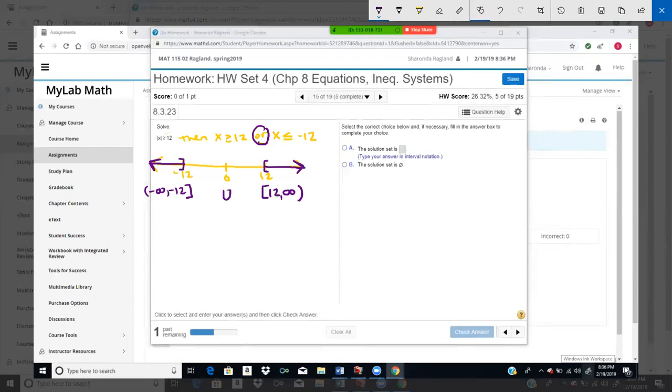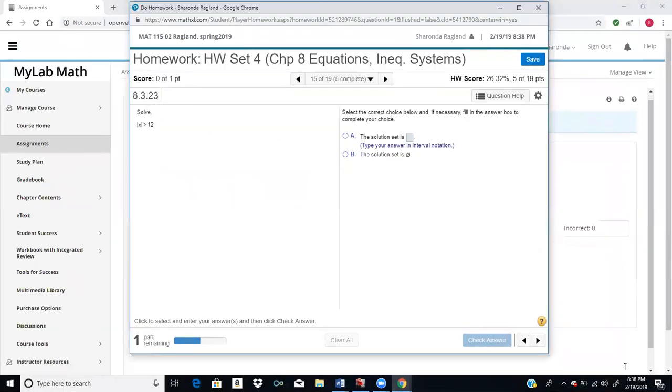So this is your solution. So that you would have negative infinity, comma, negative 12, close at 12, union with 12, comma, infinity. And so I might want to write that down. This is a solution set.